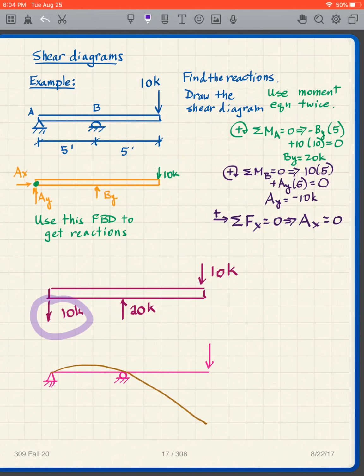The support at A basically pulls down 10 kips, which makes sense. When I look at this diving board deformation, I can see at this point, we're pulling down that. If we don't hold that down, this point is going to go upward.